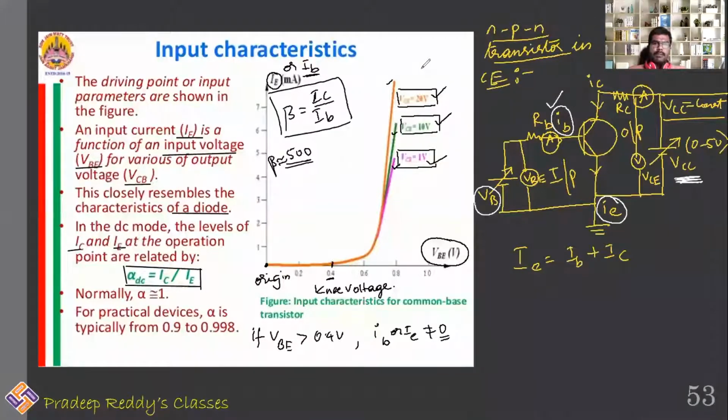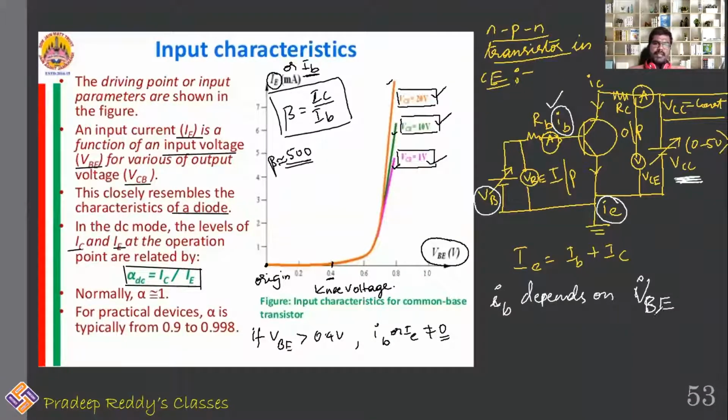Therefore, the input current depends upon the input voltage rather than the output voltage. Therefore, I can clearly mention IB depends upon VBE. IB is the current through the base. It is depending upon VBE.